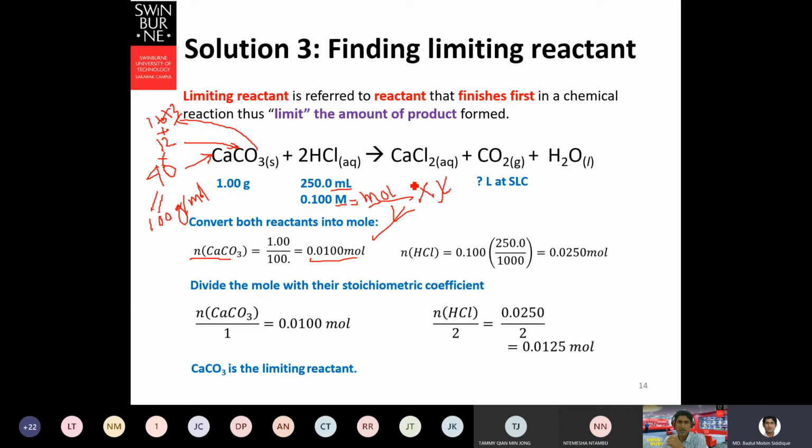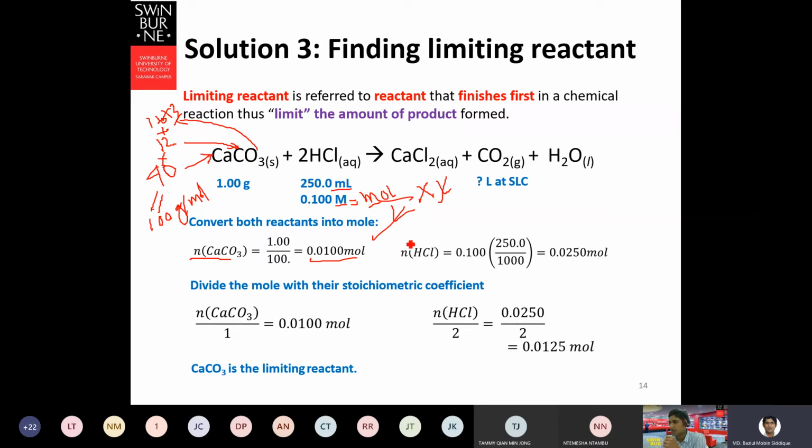How do I convert it? If I divide it by 1000, I will find the liter. 250 over 1000 is the volume in liter, times the concentration, moles per liter.